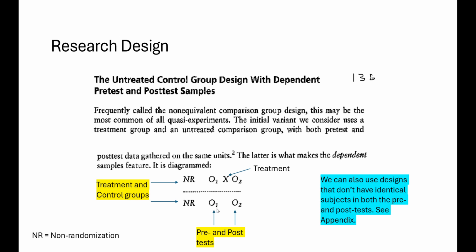In our control group, at both time periods, observation 1 and observation 2, neither have that treatment indicated by an X. So in this design, we have our treatment group up top, our control group at the bottom. So we're going to compare a treatment and control group, and then we have a pre and a post-test that are separated by the treatment being given.